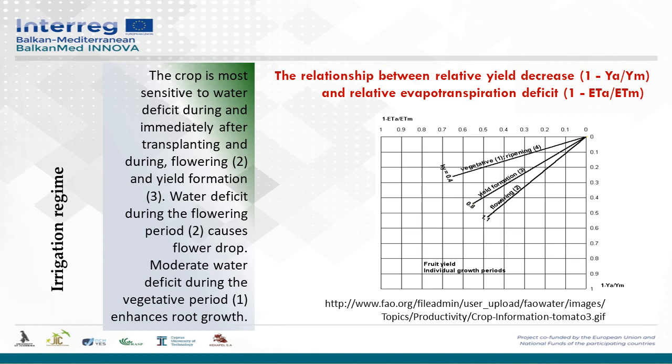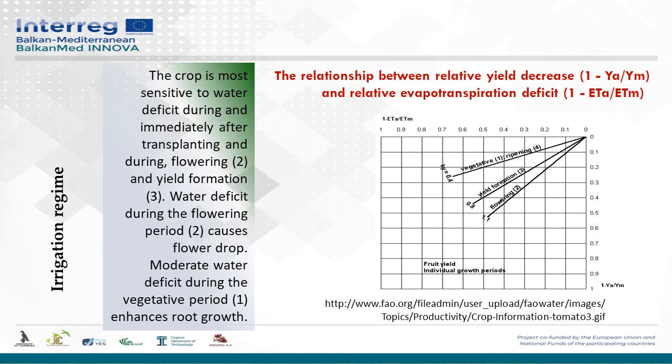But then later on, during the flowering period and the yield formation, any water stress will have a strong negative effect on the yield of the plant, and this is understandable. The lack of water during the flowering period will cause a lot of flower drop, and therefore we will have only few fruits per plant.